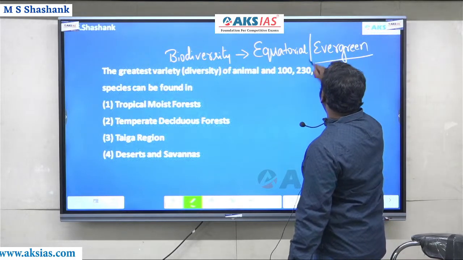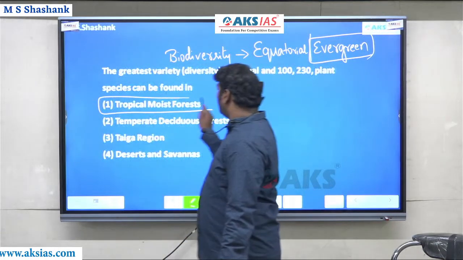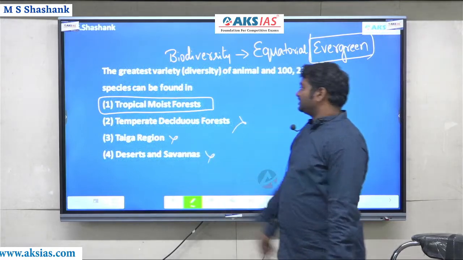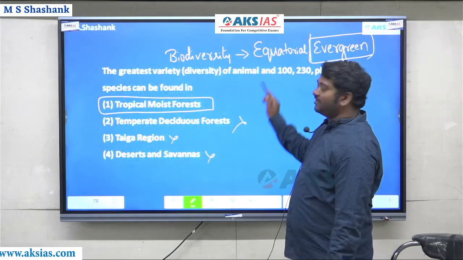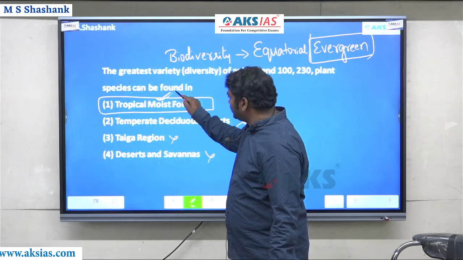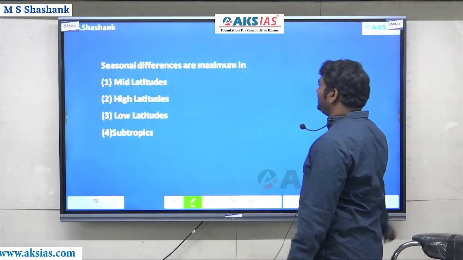So evergreen forest will always have the highest. So that is tropical moist forest. Deciduous, taiga, deserts, they will not have more diversity. The highest diversity will always be in evergreen forest, which is shown as moist forest as well. So this is a very basic question.